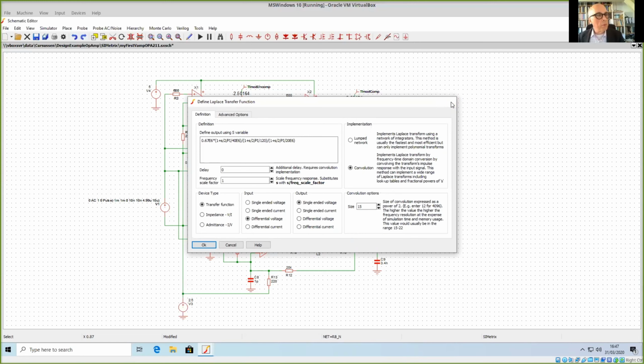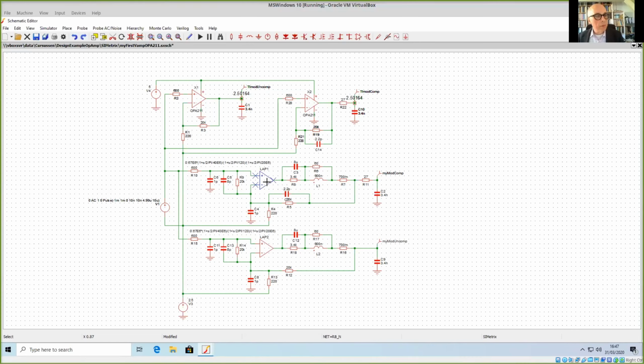So it has the poles and the zeros as I have defined them also in SLiCAP. Here you see the output impedance of the operational amplifier, and for the rest the circuit is the same. And here you have the input capacitances of the operational amplifier, just as I did in SLiCAP.